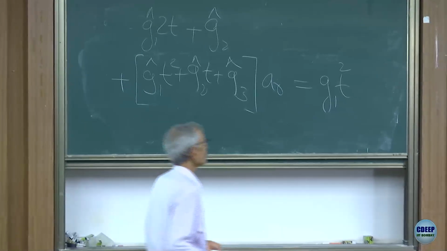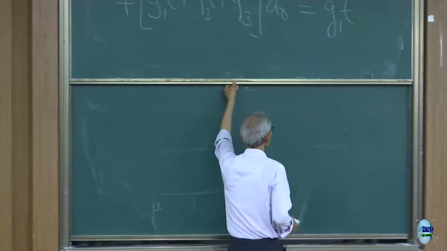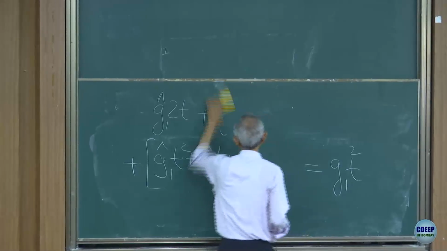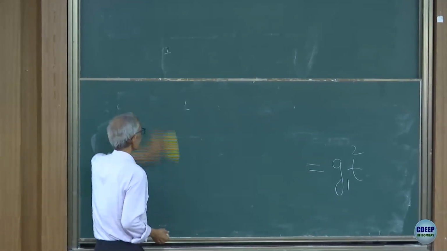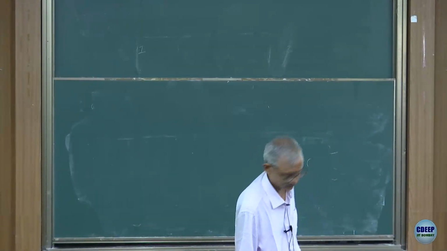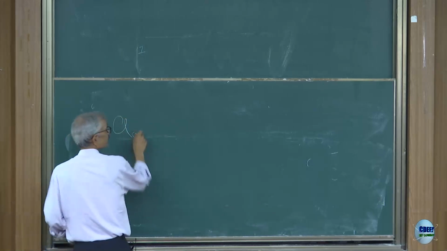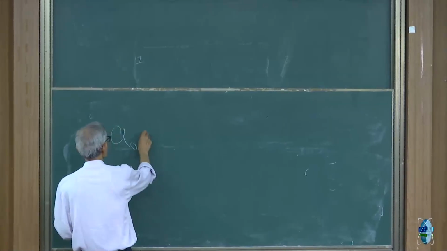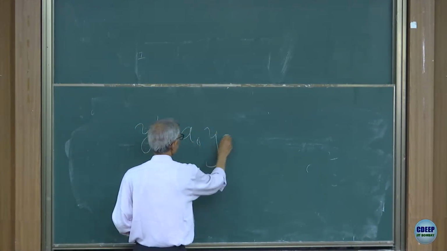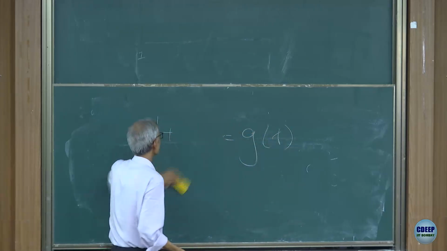So what we are just now saying is that I have got a differential equation, a naught y1 prime plus a naught y is equal to the right hand side. Now you don't need this here.